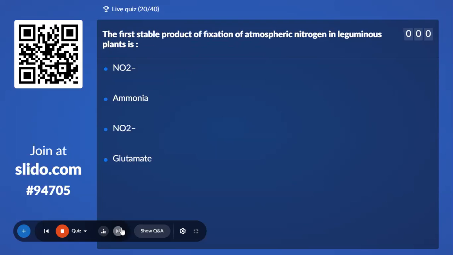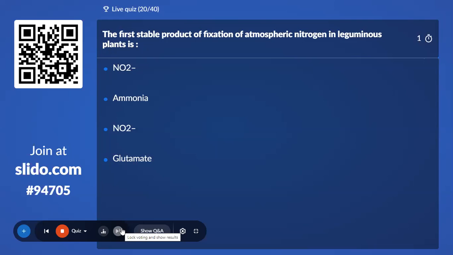The first stable product of fixation of atmospheric nitrogen in leguminous plants is option A, nitrite, NO2 minus, B, ammonia, NH3, C, NO3 minus, and option D, glutamate. We have 2 options that look similar; actually, one is nitrite and one is nitrate.